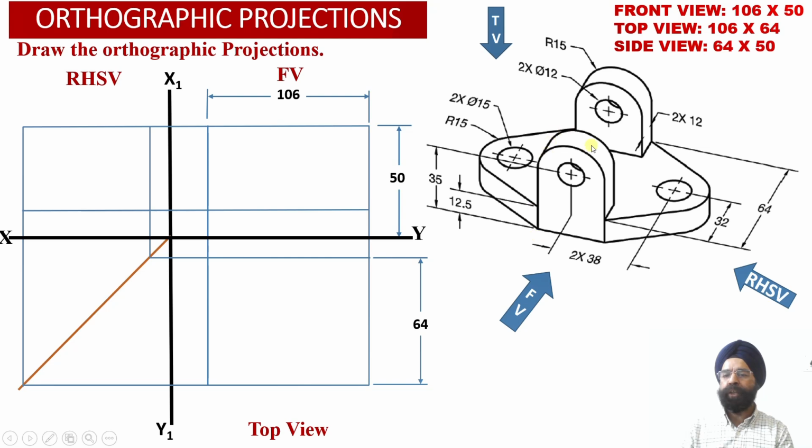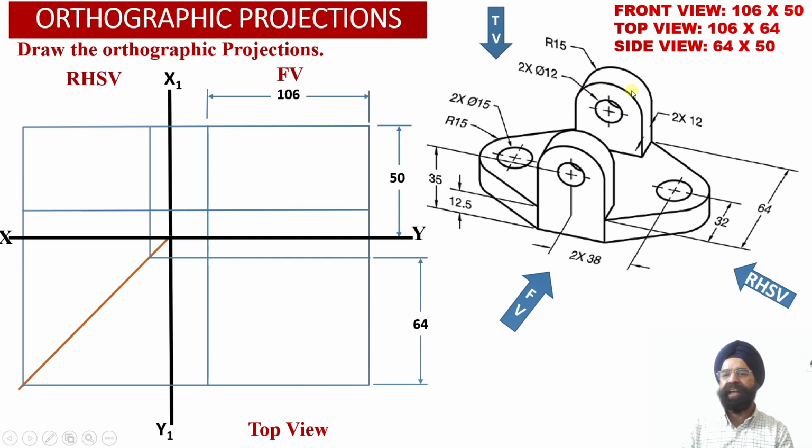Whereas element number 2 is a vertical web which is existing towards the front face of the solid, and this vertical web is carrying a central hole over here, and this vertical web is having the dimensions height equal to 50 millimeter, the depth has been provided to us as 12 millimeter, and the width has been provided to us as 30 millimeter.